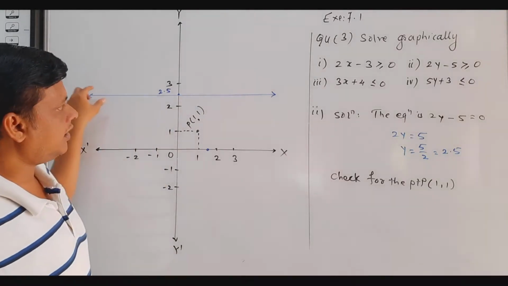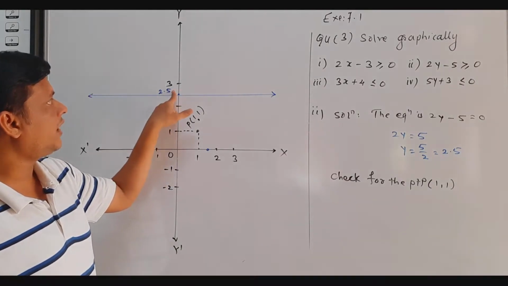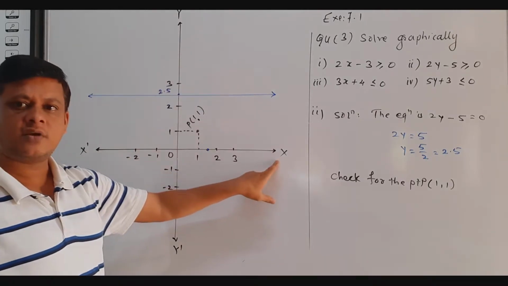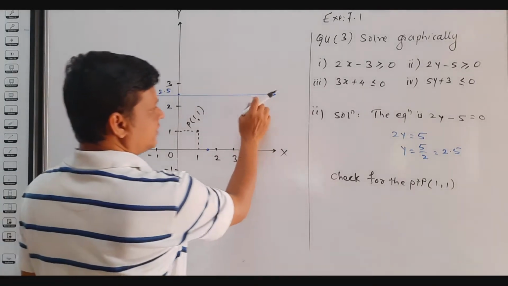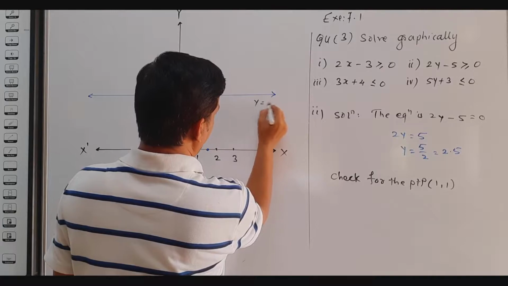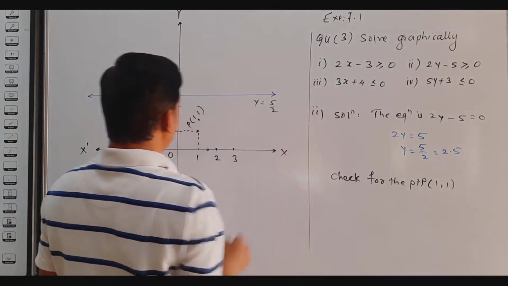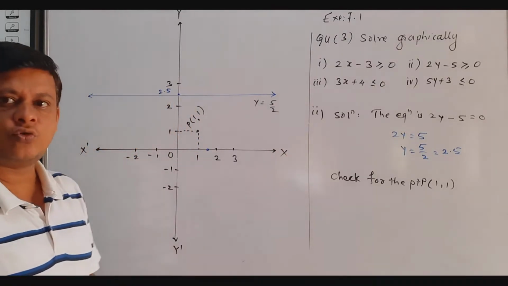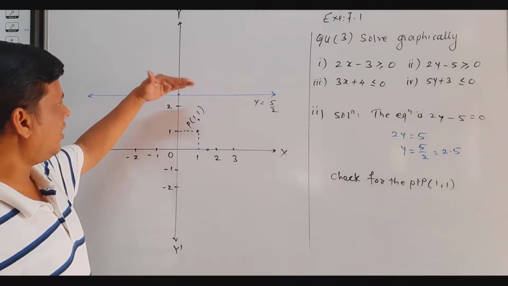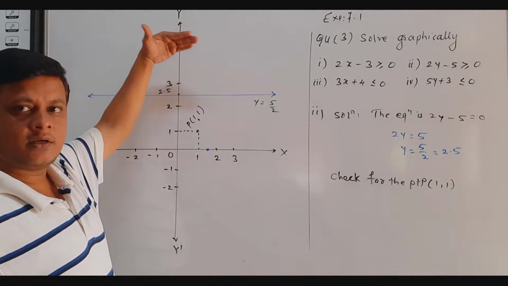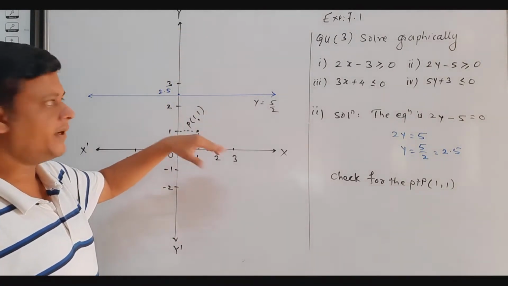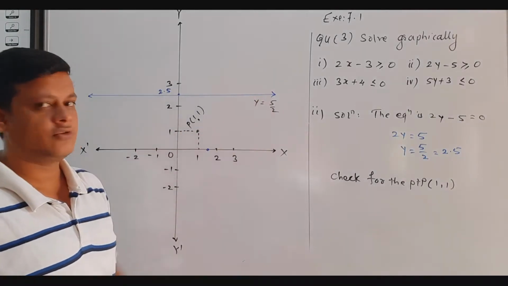So we draw a line passing through the point 2.5 and parallel to the x-axis. The equation of this line is y is equal to 5 by 2. Now we have to check whether the solution is on the upper side or below the line y equals 5 by 2.